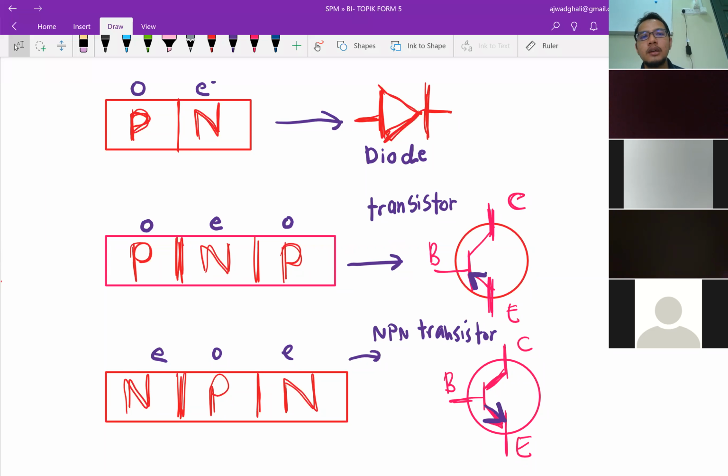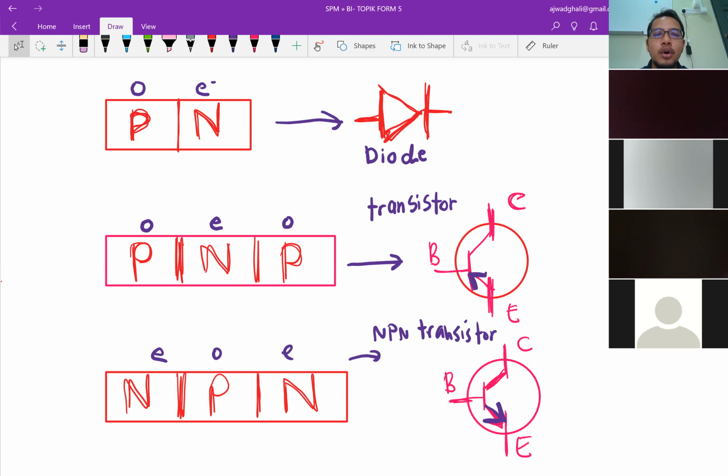So in order to make it stable, to reach an octet, they need another 4. So they share with each other and produce a covalent bond. But a semiconductor only partially conducts electricity. So to make it a better conductor of electricity, we do a process named doping.